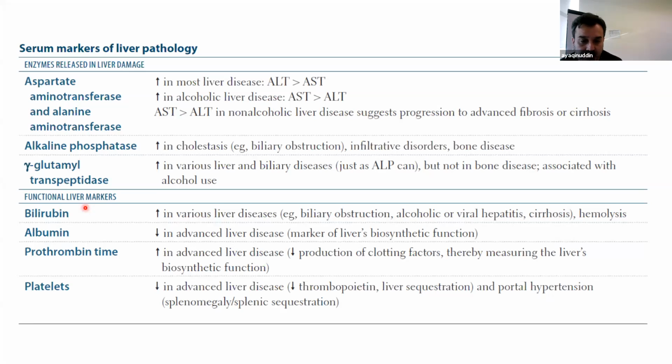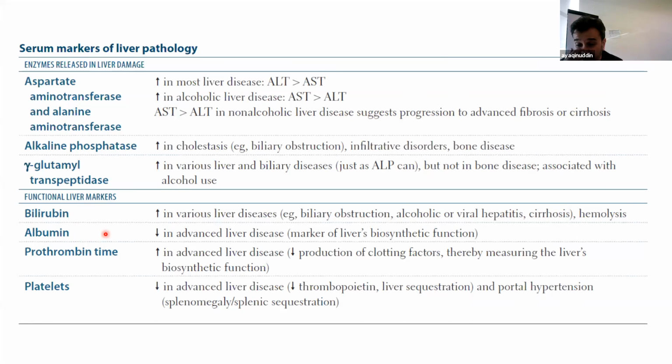Albumin goes down in advanced liver disease, and this results in edema because of reduced oncotic pressure. Prothrombin time goes up in advanced liver disease because of decreased production of clotting factors by the liver.